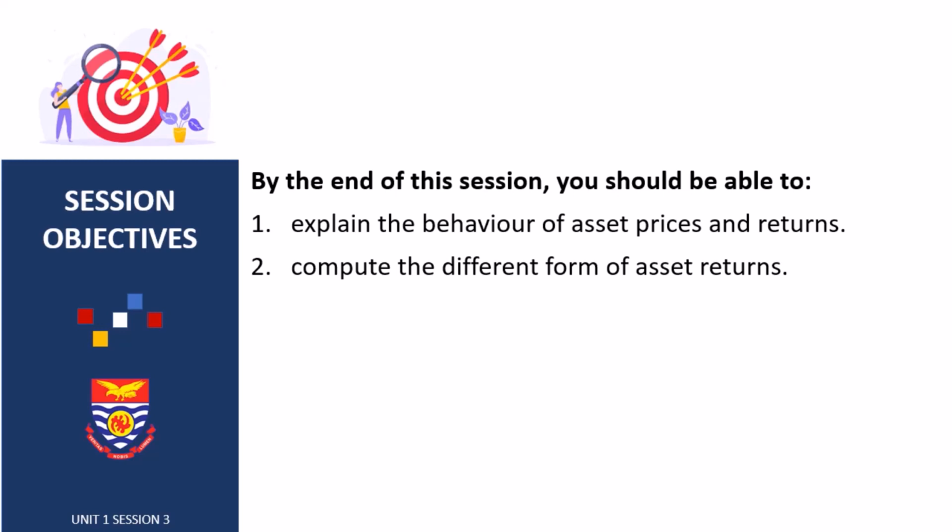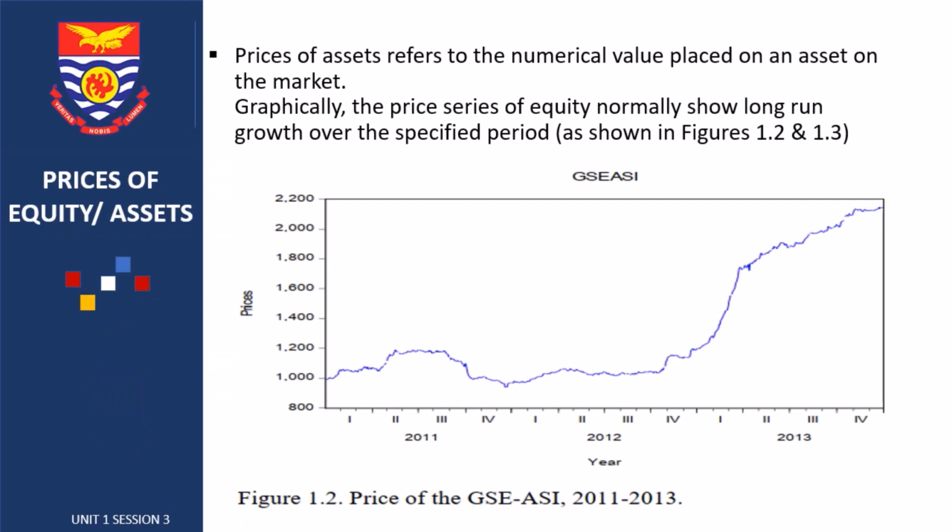Figure 1.2 depicts the price of the Ghana Stock Exchange All Share Index from 2011 to 2013. So you could clearly see that these prices move from the 1,000 units in early 2011 all the way to 2013.